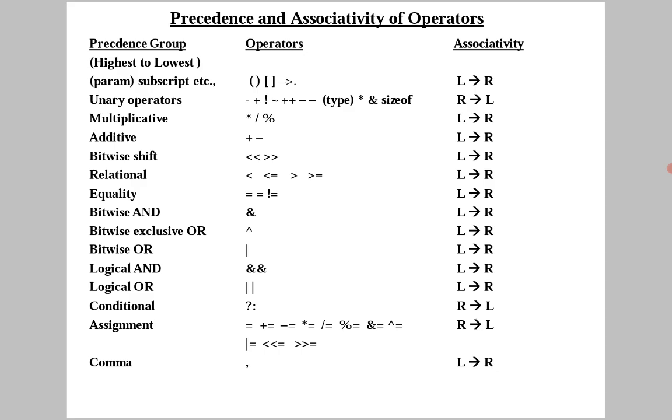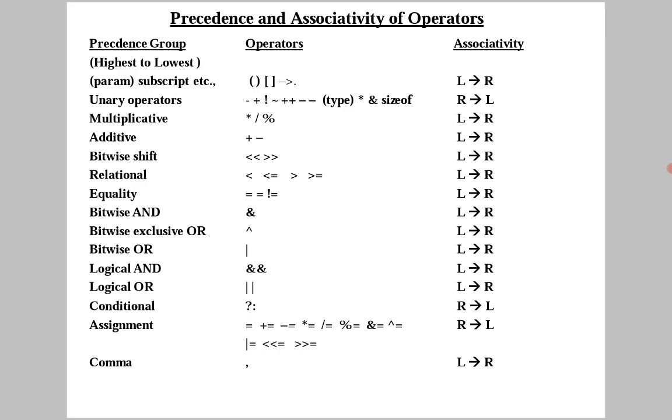Next, bitwise operators and logical operators. What are logical operators? Logical operators are generally used to compare two or more conditions. So what is a condition or an expression in C language? Generally in C language, if you want to test any expression or condition, a condition is nothing but something that gives either true or false values.